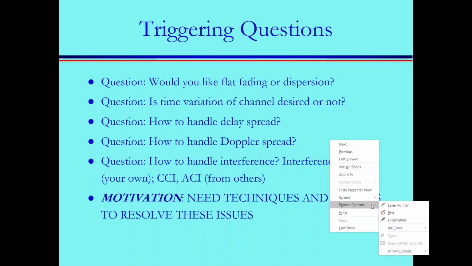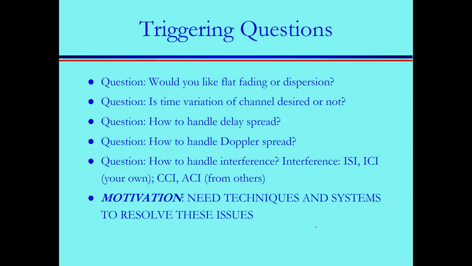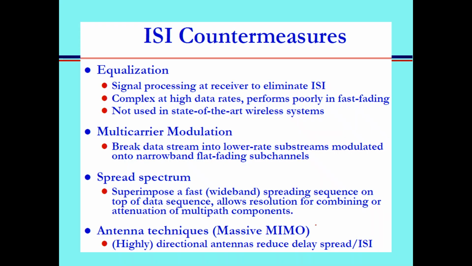So this is what we will be studying in this lecture, the techniques and methods that can mitigate these types of interference. The countermeasures for inter-symbol interference are listed as follows. First, we have equalization. Equalization means you try to remove the effect of your channel on the data. Try to remove the effect of delay spread.